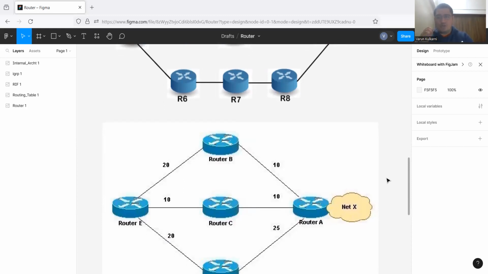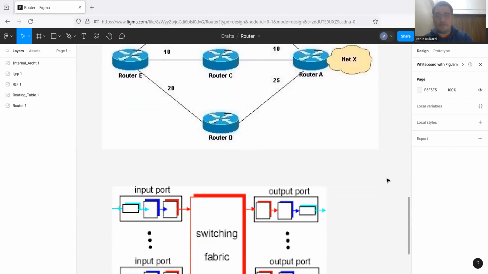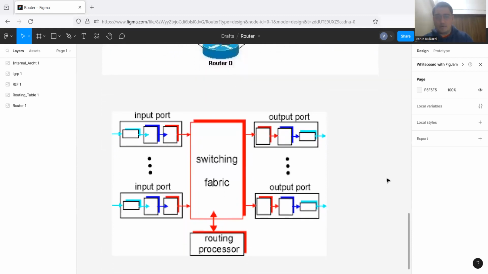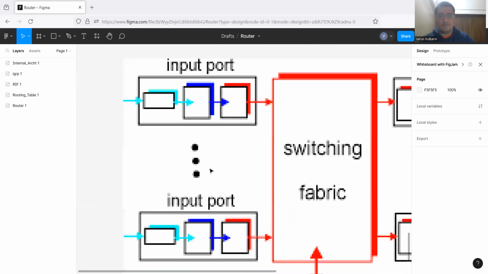I am now going to start with the explanation of the internal architecture of a router. The internal architecture of a router consists of: number one, the input port. The input port is the part of the router which receives the data packet.